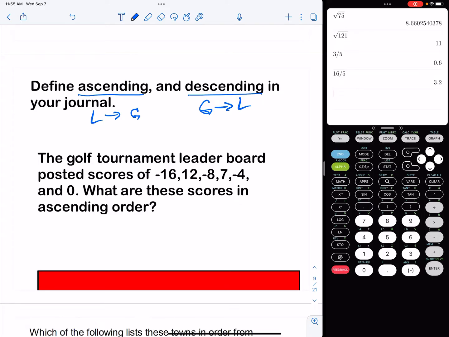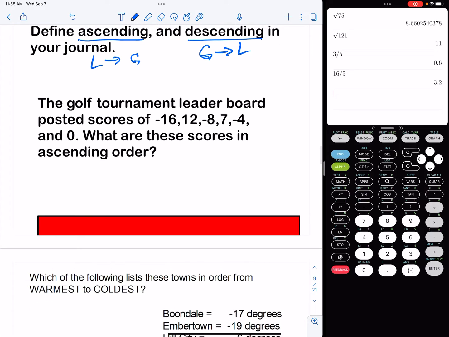So then, this next one says, the golf tournament leaderboard posted scores of -16, 12, -8, 7, -4, and 0. What are these scores in ascending order? So again, we're looking at ascending, and ascending means least to greatest. So we begin using words other than least to greatest, greatest to least, to describe the order we are asking for.